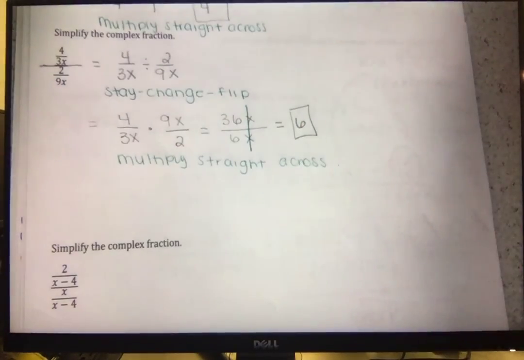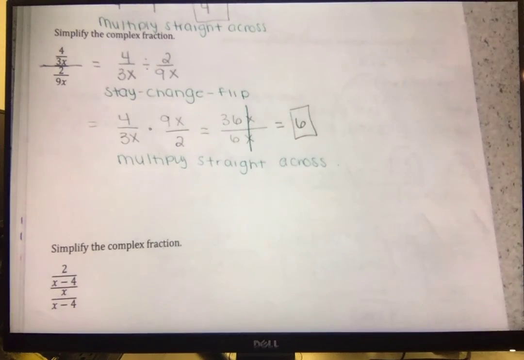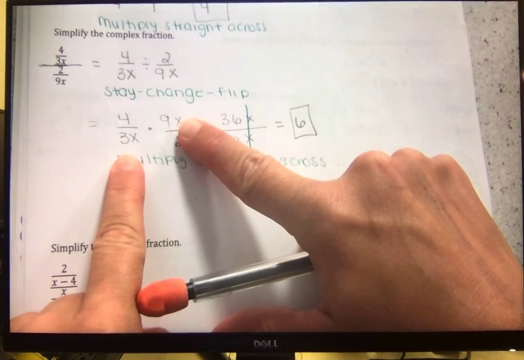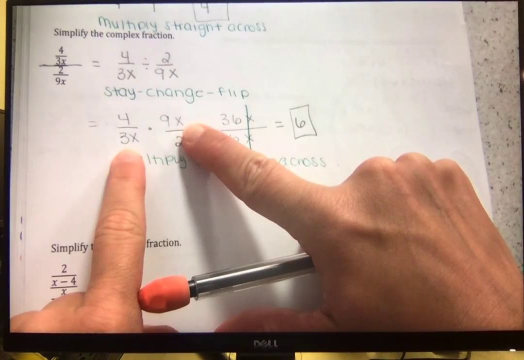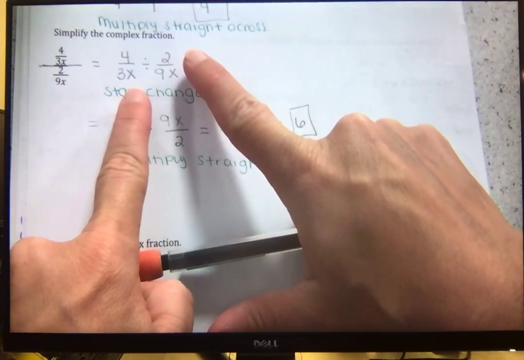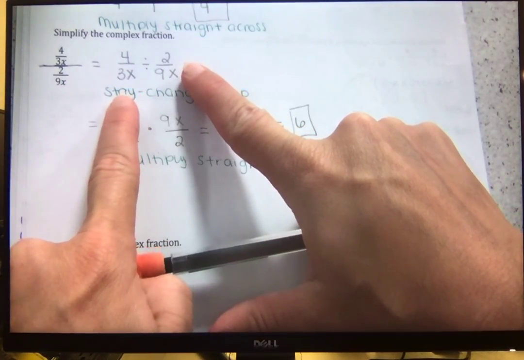What questions, comments, concerns do you have for me so far? Would we get a different answer if we tried to match the 3x to the 9x by finding the LCD? But we're not adding or subtracting, so we don't need an LCD.